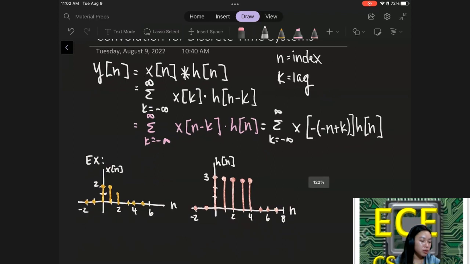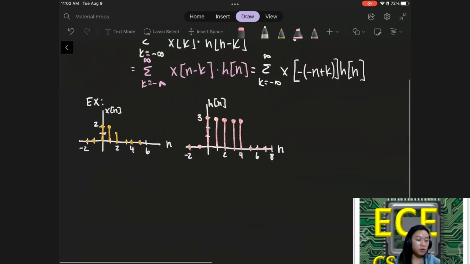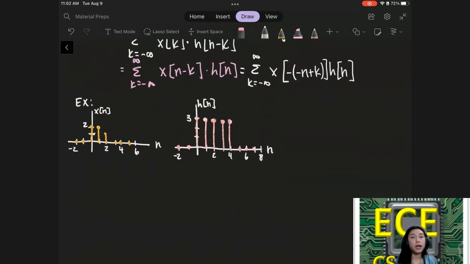So, according to the new equation I wrote, first things first is you're going to flip x of n about the vertical axis. So let's do that.